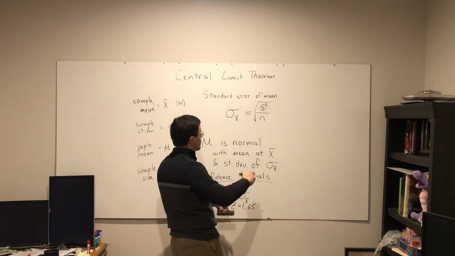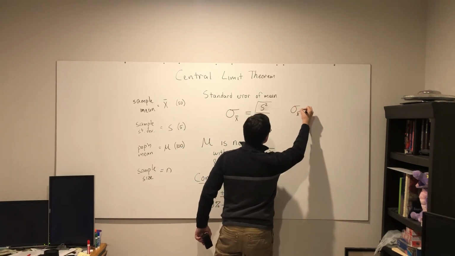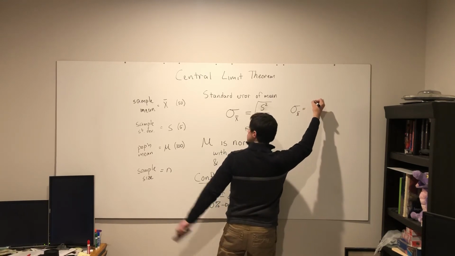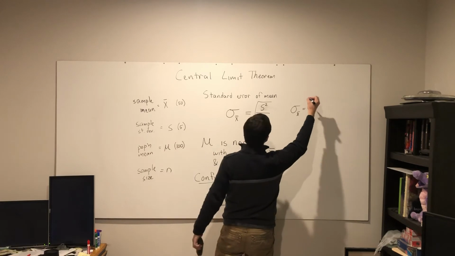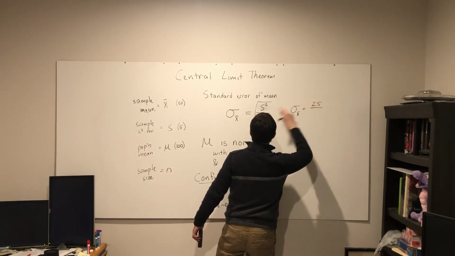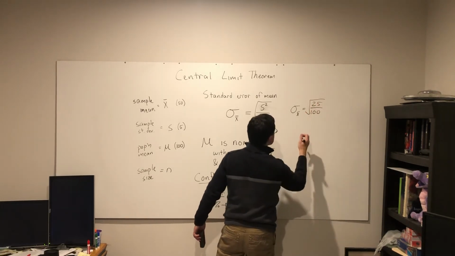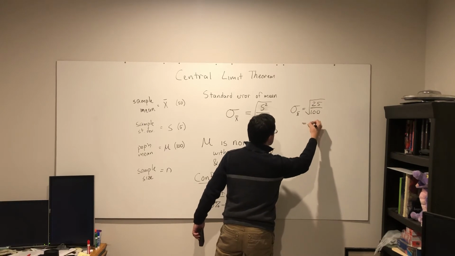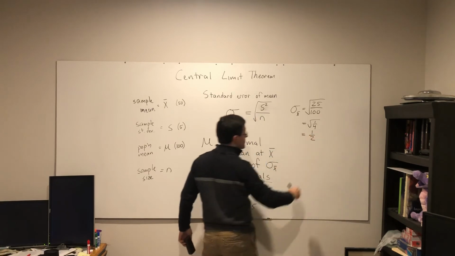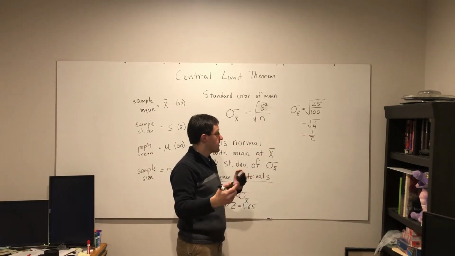So then putting all of this together. So I said sample standard deviation, 5, so 25 over 100, square root of a fourth, that is going to be a half.